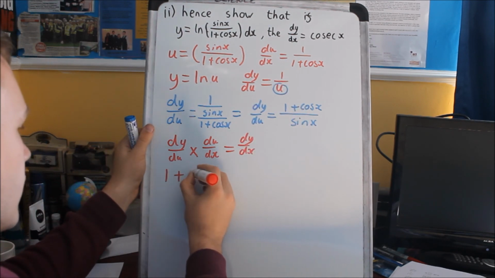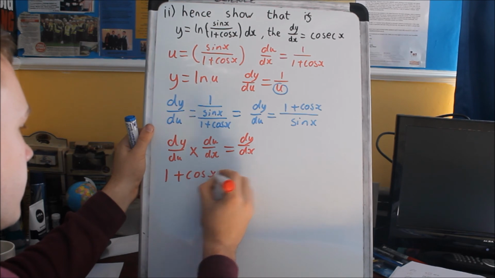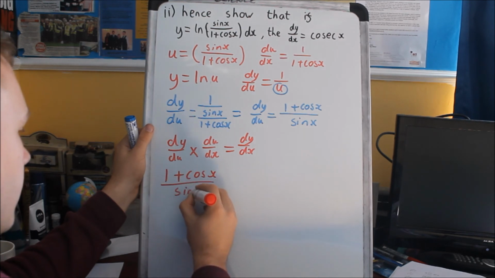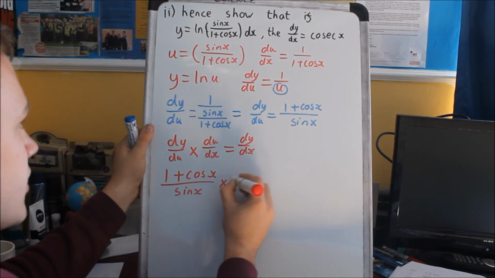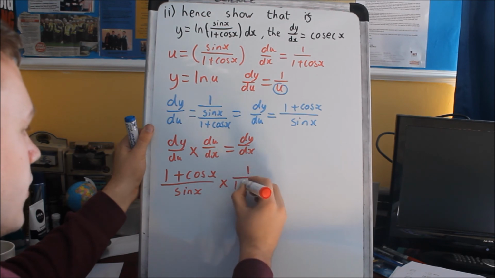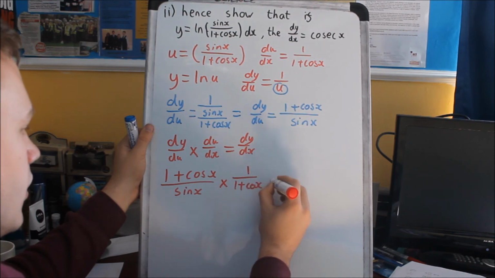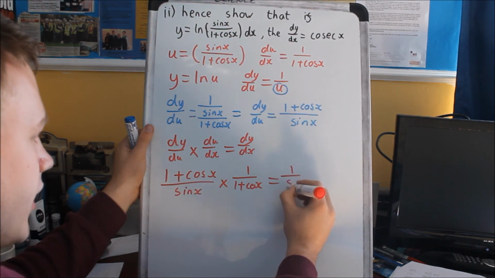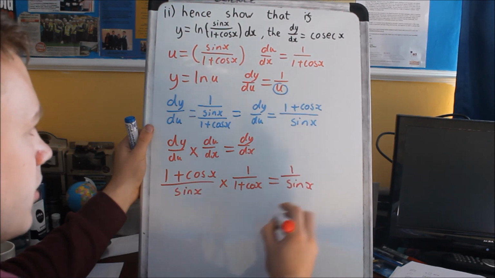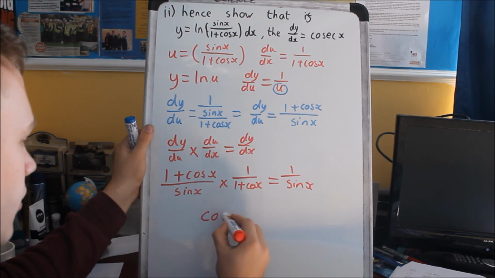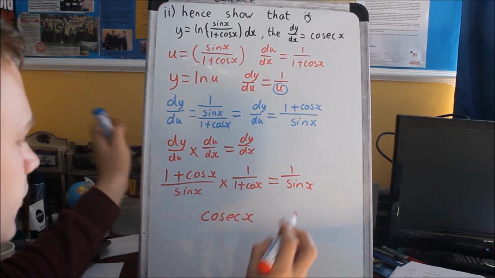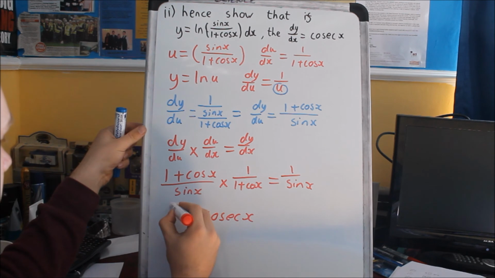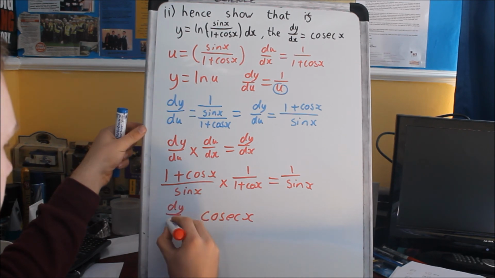We've got this 1 plus cos x over sin x times by what we found before, the 1 over 1 plus cos x. You'll notice the 1 plus cos x will cancel, leaving you with 1 over sin x, and bippity boppity boo, that equals cosec x, which is lovely. So that's our final answer for dy by dx.